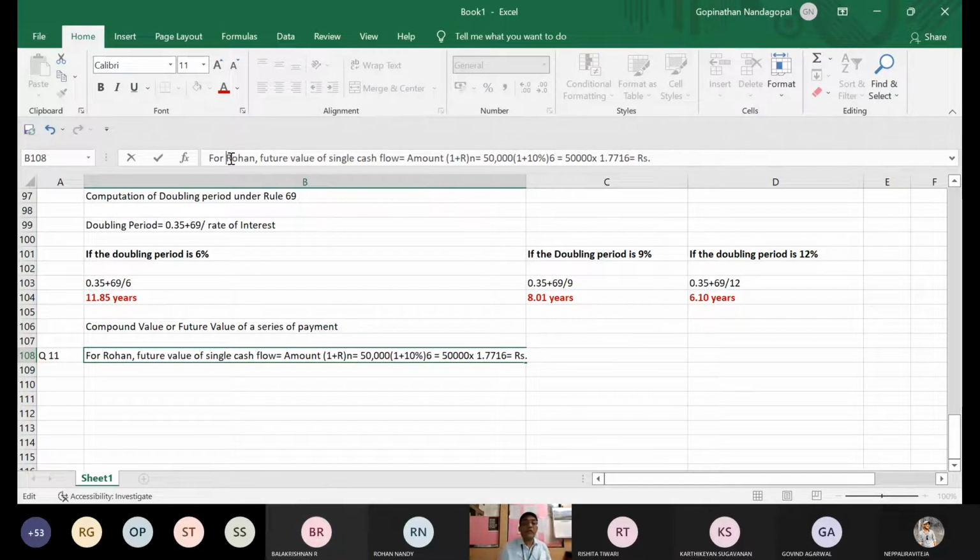Now I'll just stop sharing this for a while. This is the direct method, but sometimes I'll also teach you how to use the table.